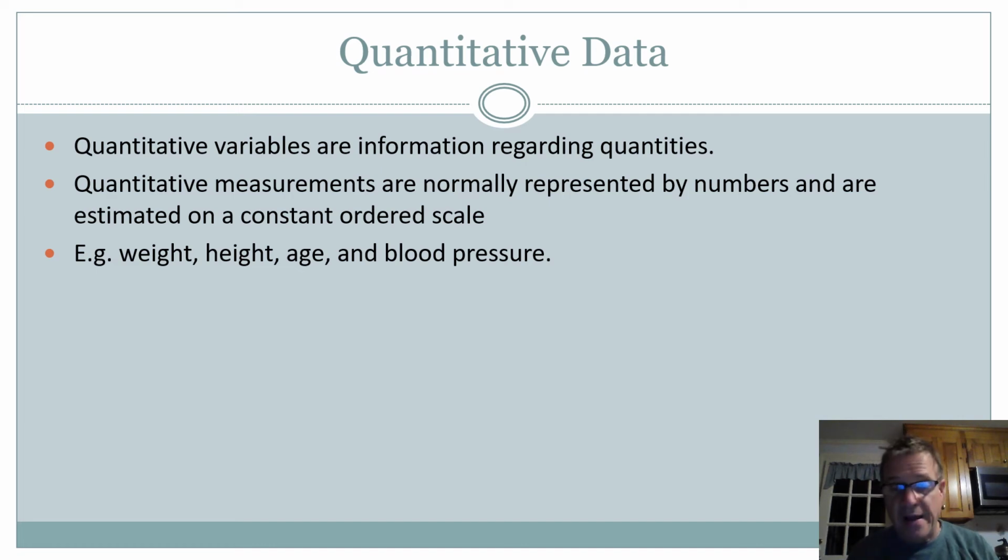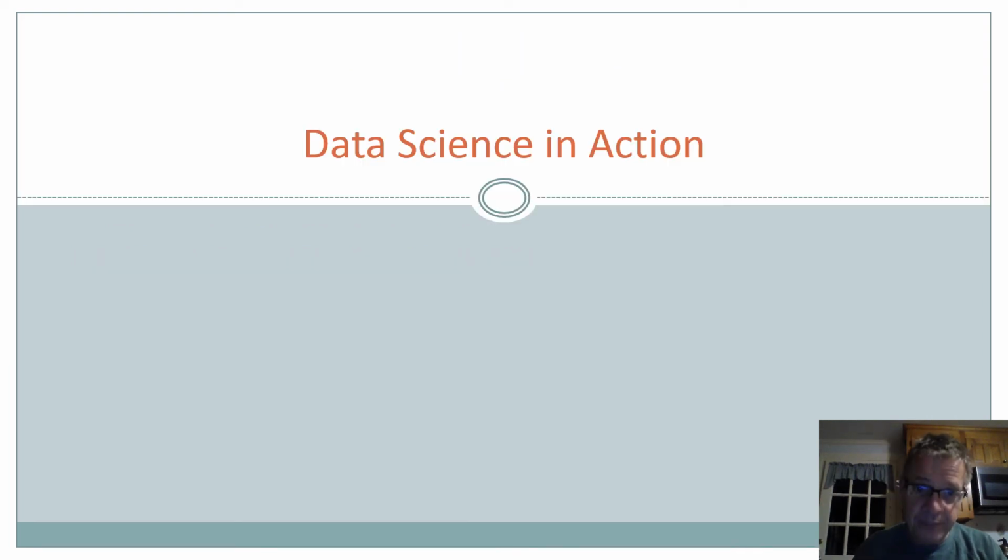So weight, height, age, blood pressure are all quantitative values. Sales, like a money transaction, is a quantitative value. Any of those things which have numeric values that you can measure and average and divide and multiply are all quantitative values.